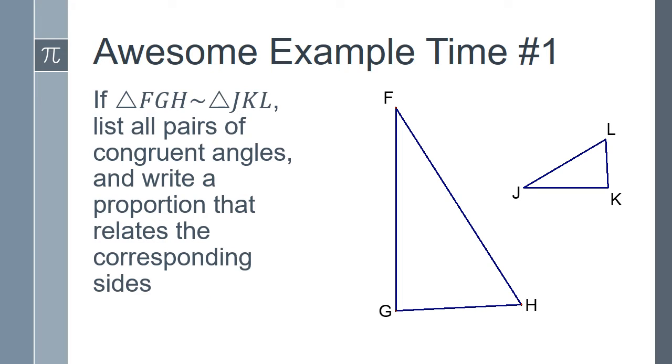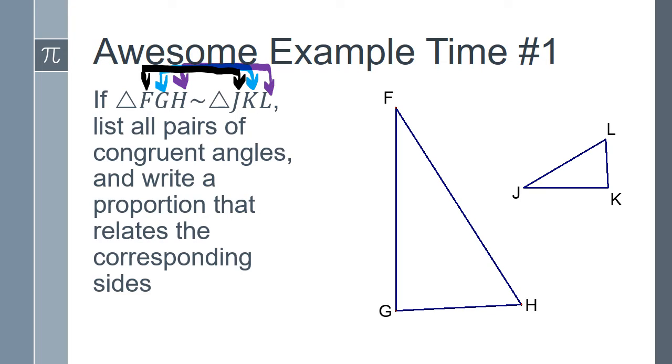Okay, so if triangle FGH is similar to triangle JKL, list all pairs of congruent angles and write a proportion that relates the corresponding sides. Now this can be done by looking at the names. The names are very helpful. So one of the things we can do is match up each of these angles.